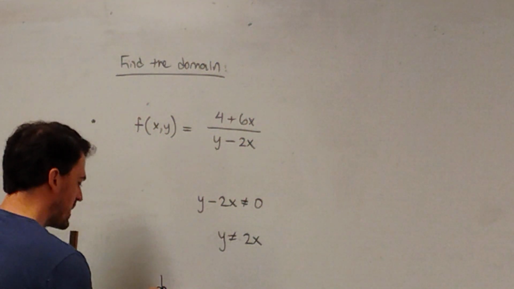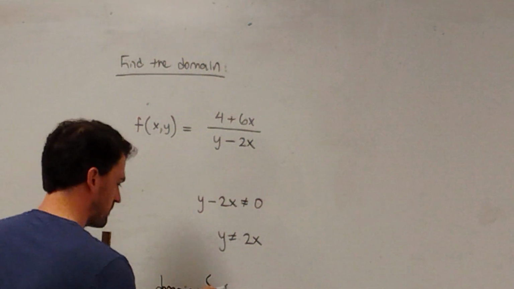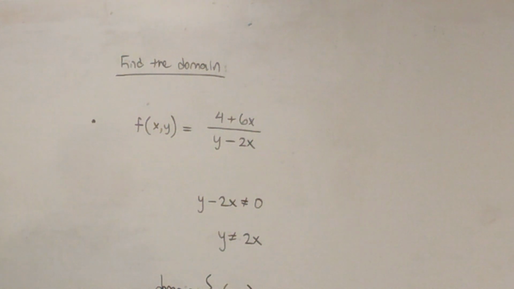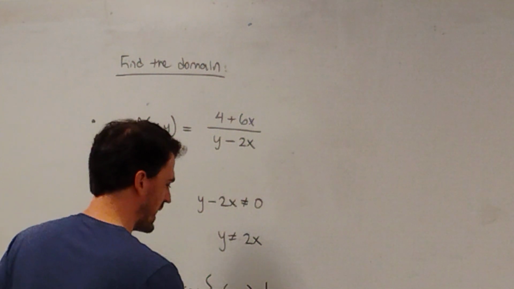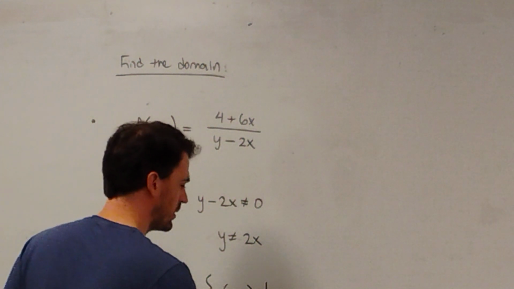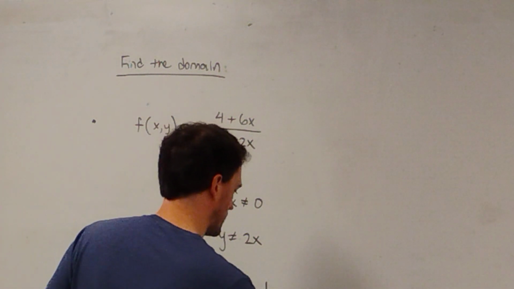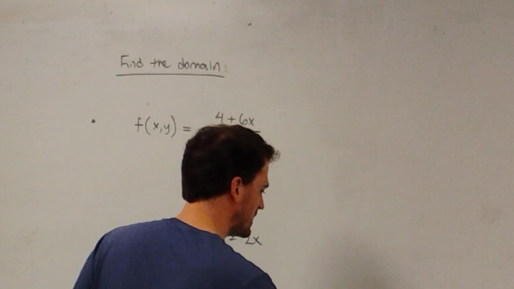So my domain is all x comma y, all 2D coordinates, such that x and y are both real numbers, and y can't be 2x.